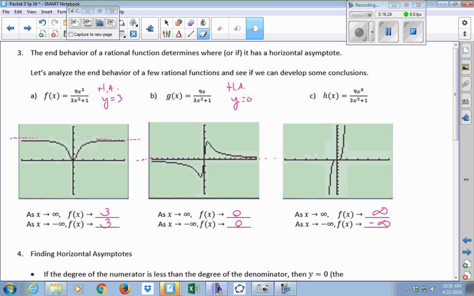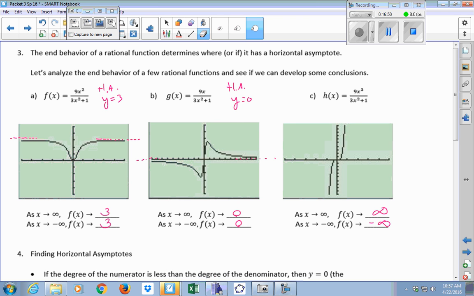So your question is, right now, is there a way without the graph? We had the graph as a visual aid here to help us determine the horizontal asymptote. Is there a way of looking at the equation of your function, looking at this function f here, and coming up with the number 3?